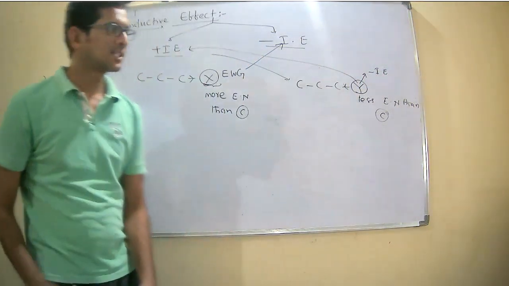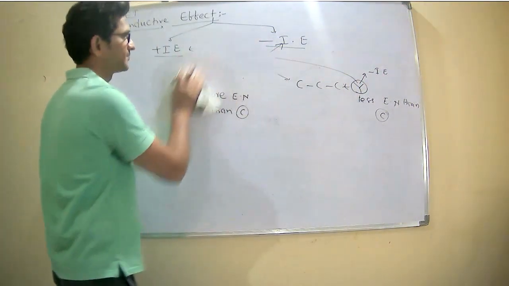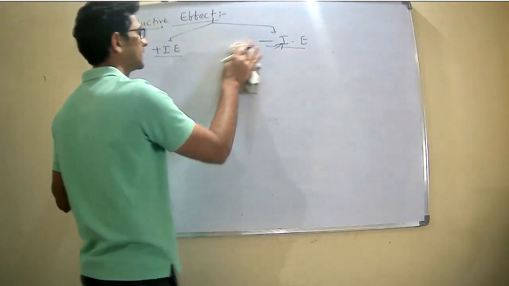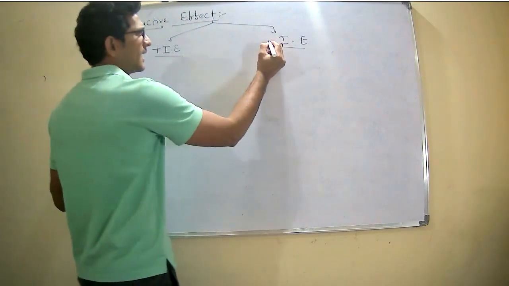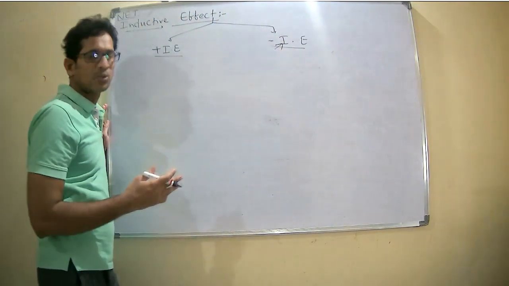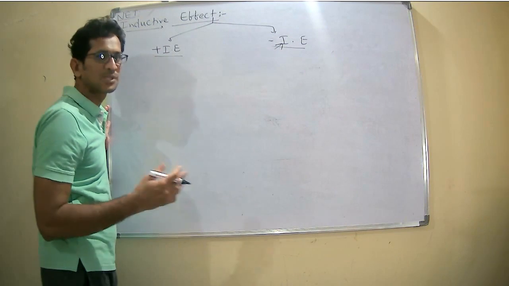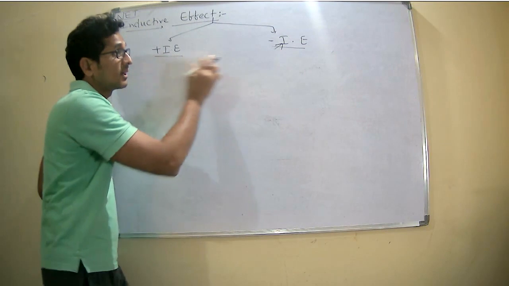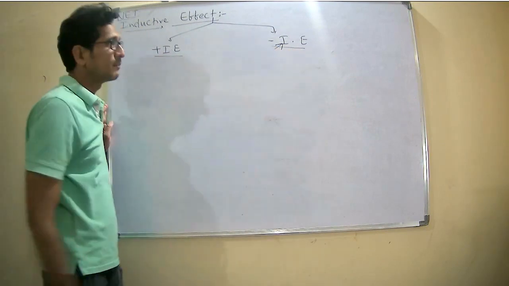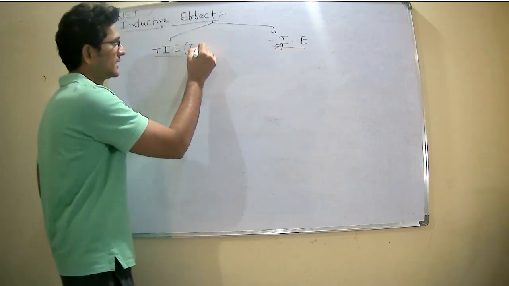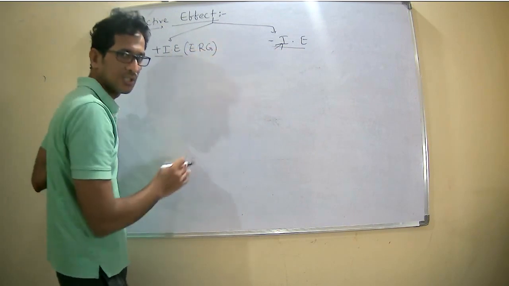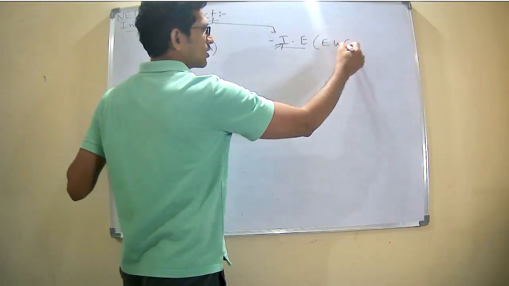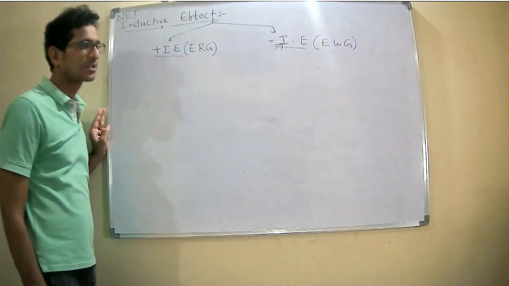So these things we discussed yesterday. The inductive effect is classified into two types. Which groups come under the plus inductive effect, and which groups come under the minus inductive effect? These are electron releasing groups or electron donating groups. These are electron withdrawing groups.